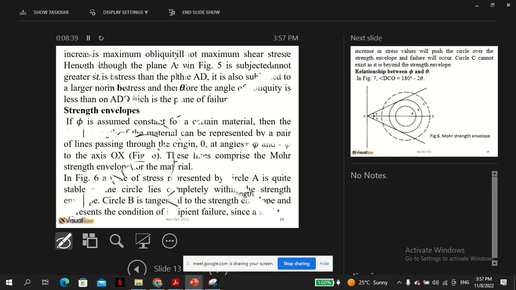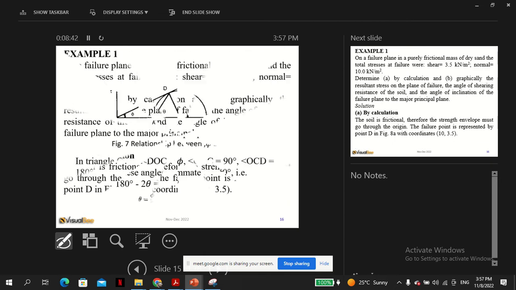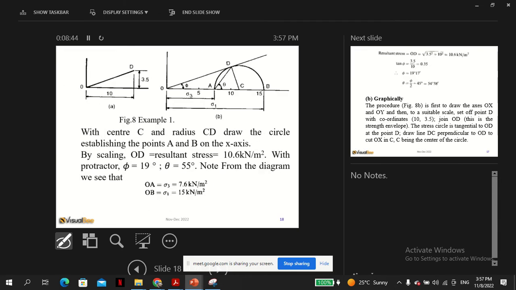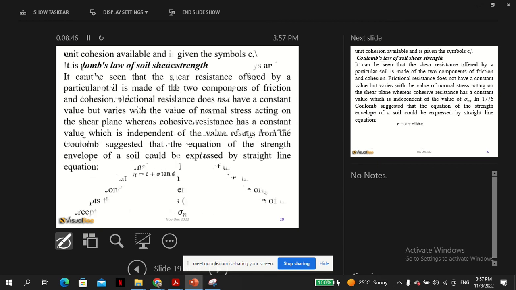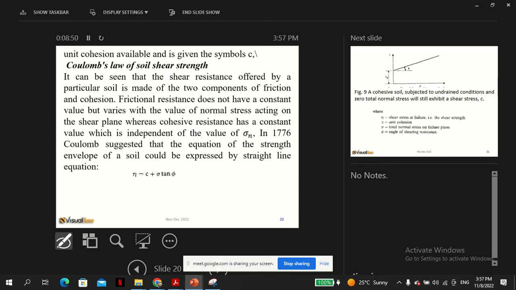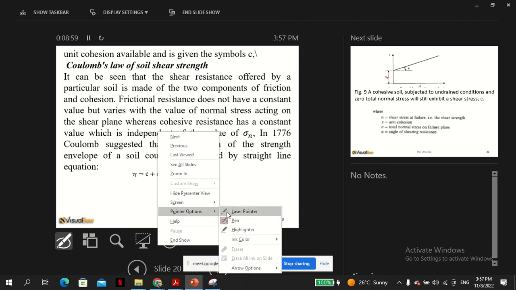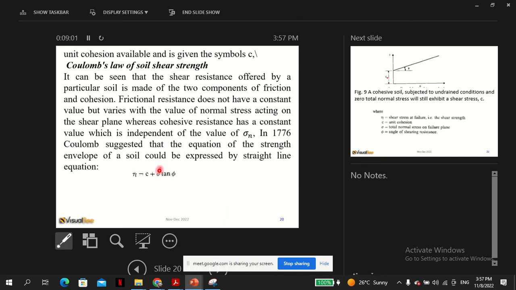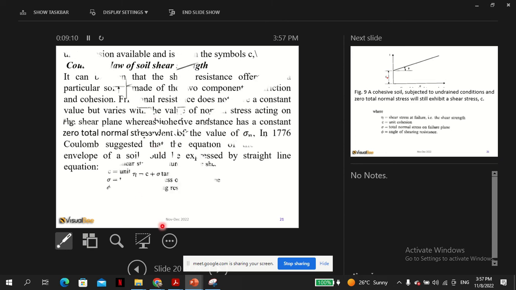That's the whole idea of Mohr-Coulomb, and this is quite famous and in fact the most reasonable. People in recent years have come up with other failure criteria, but Mohr-Coulomb is the most widely used, and even the development of those other models is based on it.